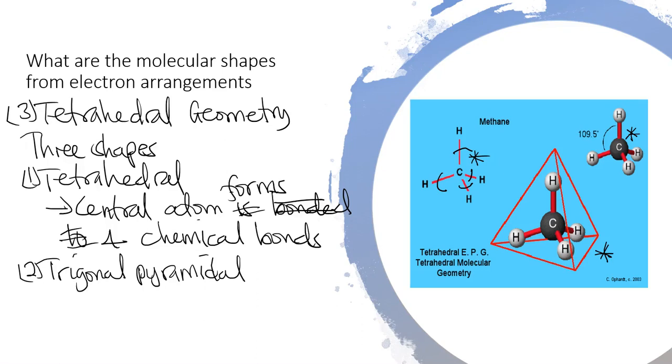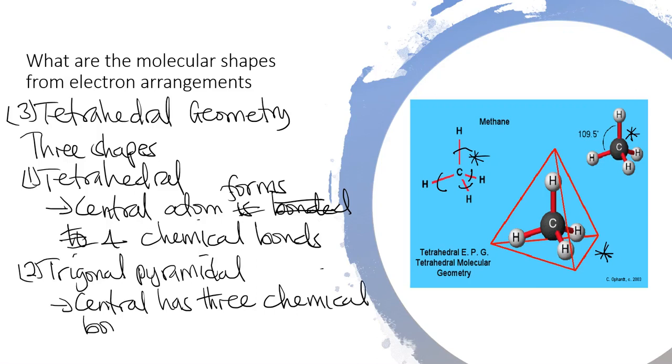So in that shape, like in the case of ammonia, the central atom has three chemical bonds and one non-bonding pair.